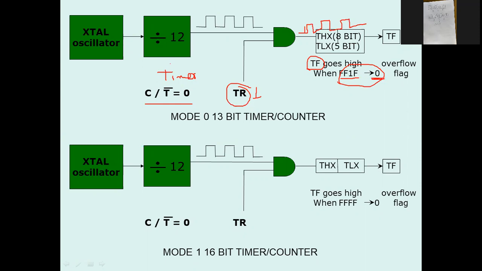It will start counting again from 0, 1, 2, 3 and so on up to FF1F. So this cycle will continue. Whenever TF goes high, the TF flag is set to 1. Understood or not? Everyone understood or not?